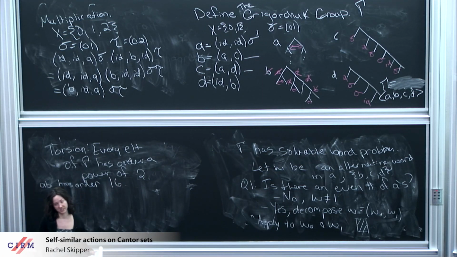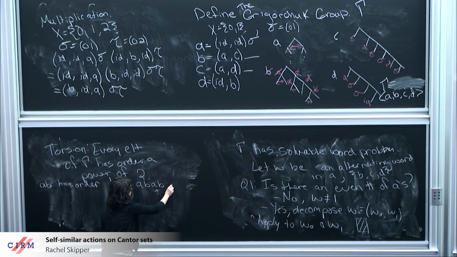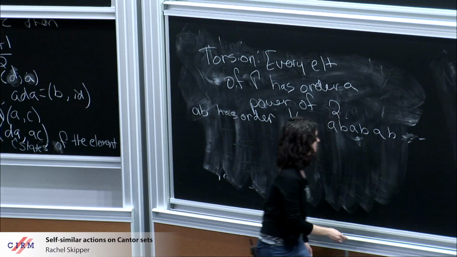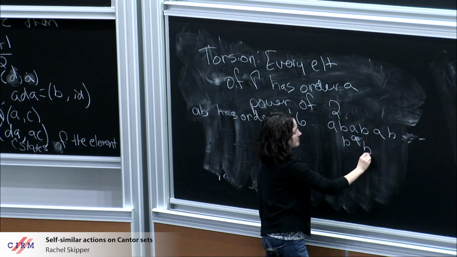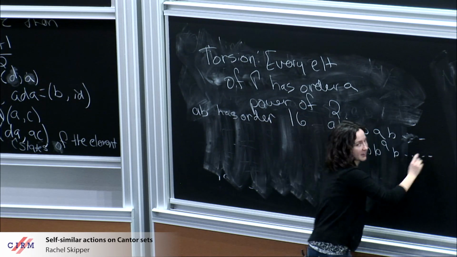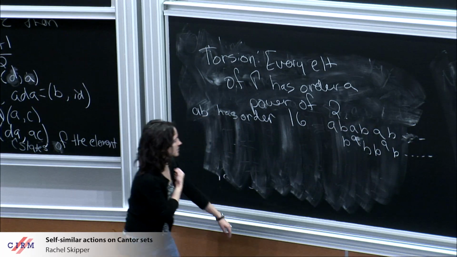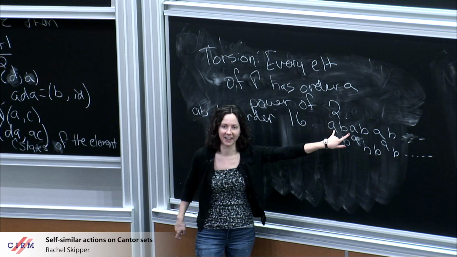What I'm going to show you is how to actually verify that this has this order. We can see this by writing this as AB, AB, AB a bunch of times, and then seeing that this is B to the A, B, B to the A, B. Again, because A and A inverse are the same thing.